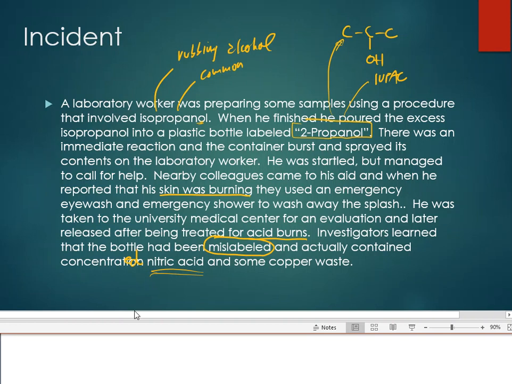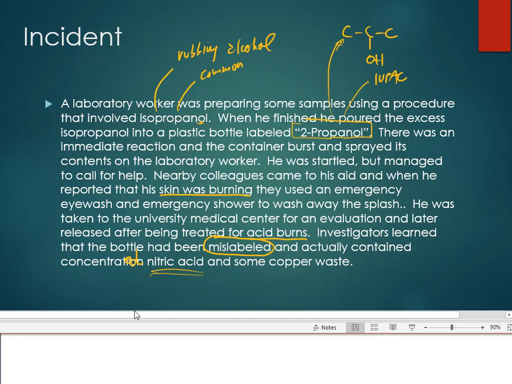So someone previously had nitric acid, and they decided to put nitric acid into the bottle that contained 2-propanol. This is where things start to fall apart, and this is where incidents begin to happen.